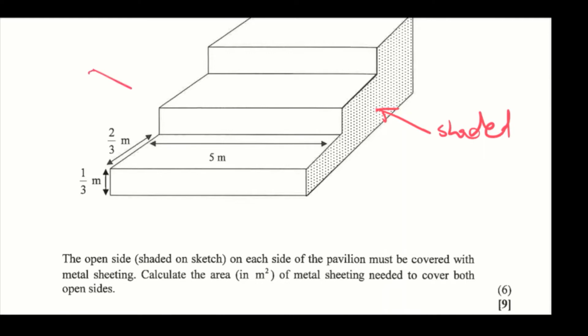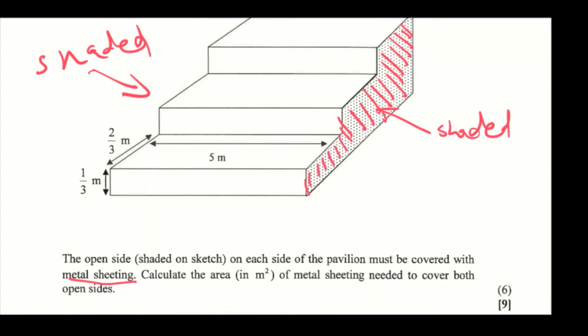So this is also another side where it's shaded, must be covered with metal sheets. So these sides must be covered with metal sheets. Calculate the area of metal sheet needed to cover both sides. So you need to calculate the area of these sides and the other side that is on the left hand side, right?